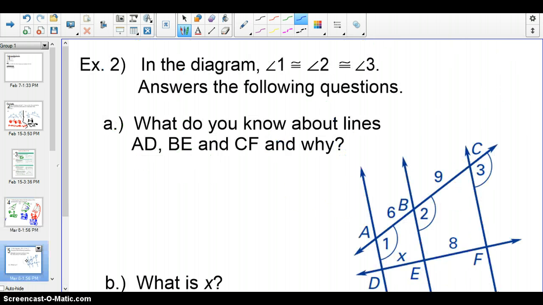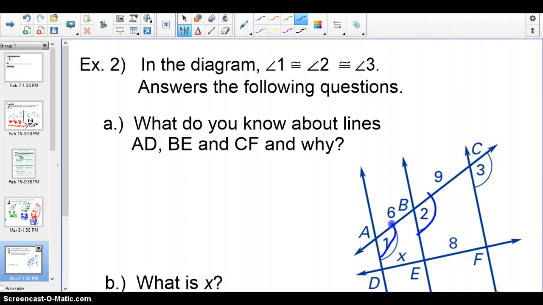All right, let's look at the parallel lines and transversals here next. So in this diagram, we know that 1 is congruent to 2 and 2 is congruent to 3, these angles here. So what I can know for sure, 1 and 2 are corresponding.